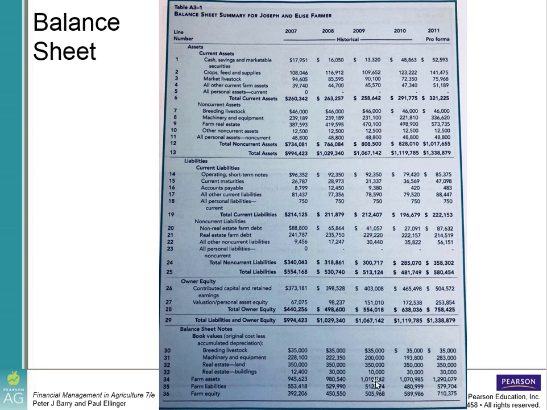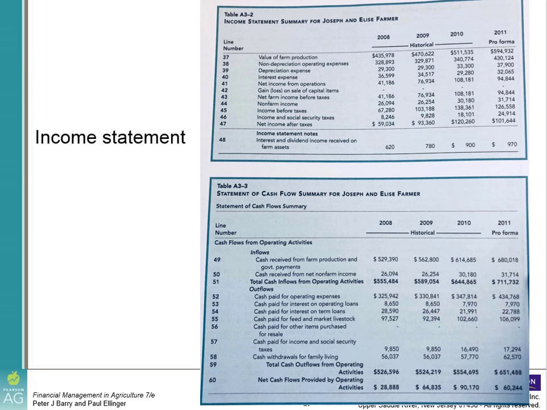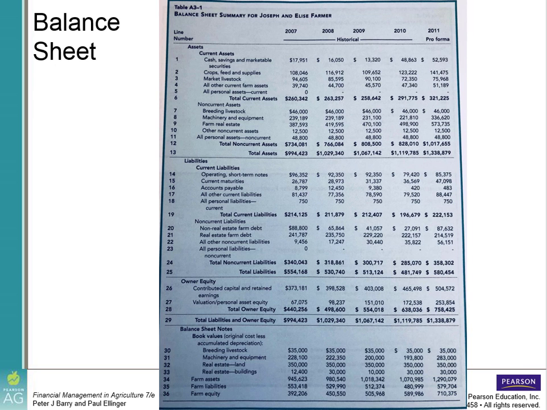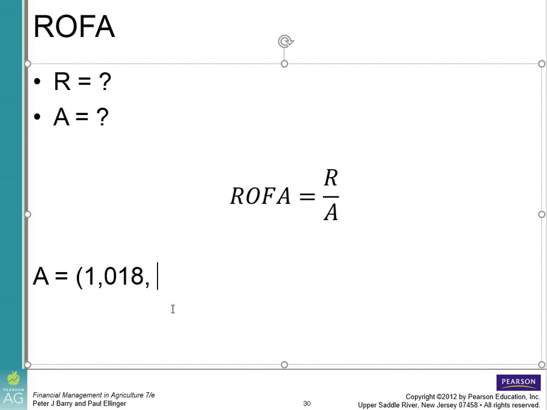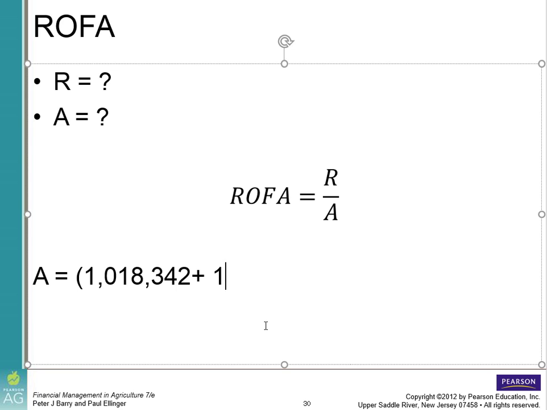So you need to take the average of these two to get your A. Your A is nothing but 1,018,342 plus 1,070,985, and then you divide this by 2.